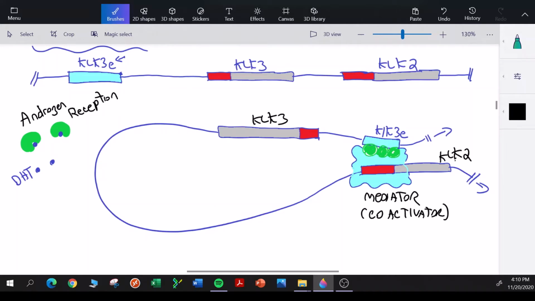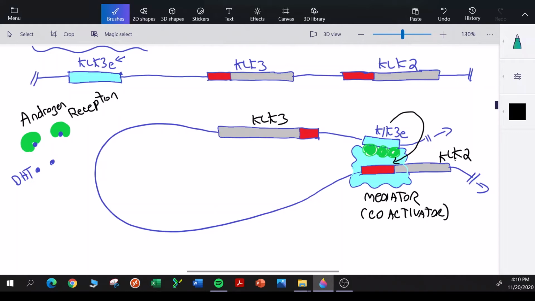So the hypothesis is the KLK3 enhancer is brought into close proximity of the KLK2 promoter, and bringing KLK3E in close proximity to the KLK2 promoter requires enhancer RNAs.